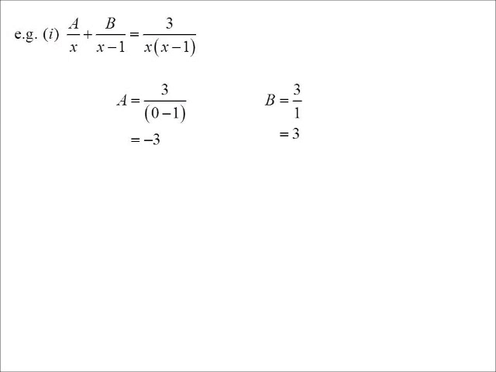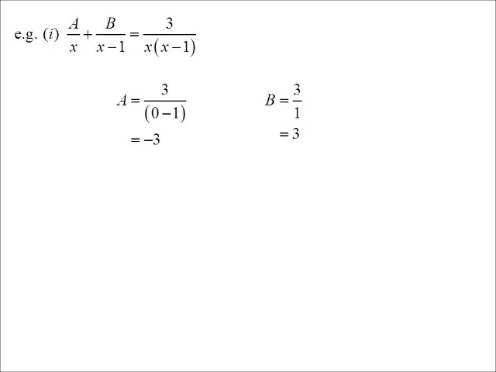In this one, I substitute 1 in. Remember, it was x minus a, we substituted in the a. X minus b, we substituted in the b. So in this case, I will substitute 1 in, but I'm covering up the x minus 1, so I get 3 on 1, and that's 3. Bingo, I've got the a and the b.